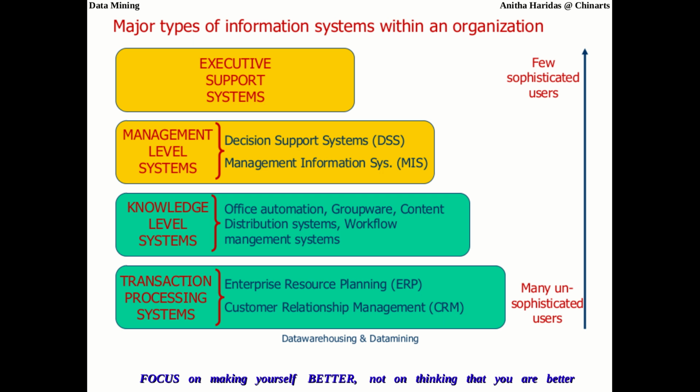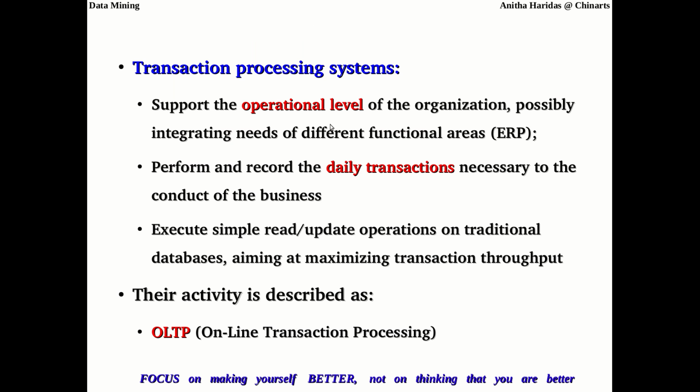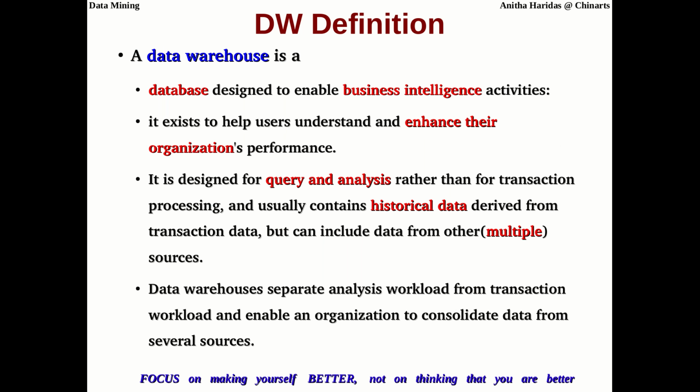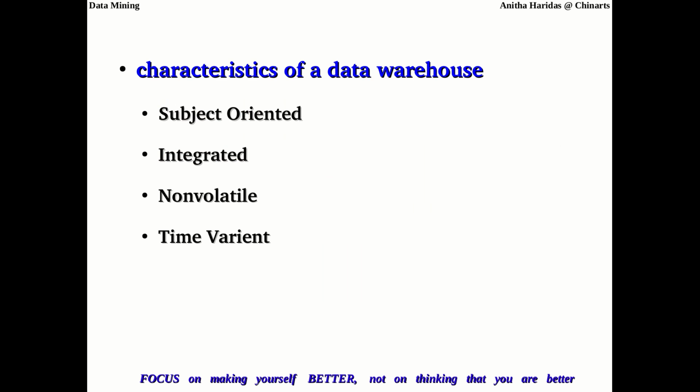Then we also talked about what are the different information systems generally used in an organization, and the data warehouse will be required by the executive support system as well as by the decision support system. Then we also talked about what are the different characteristics of data warehouse, which is very important.